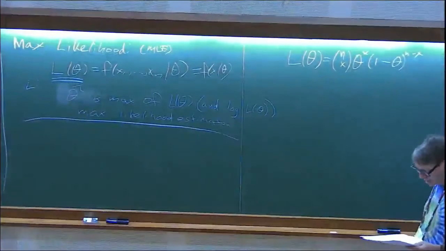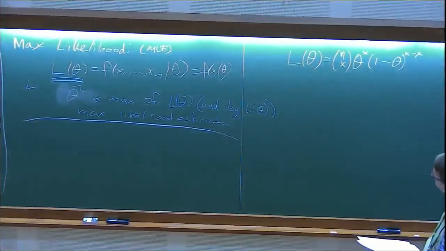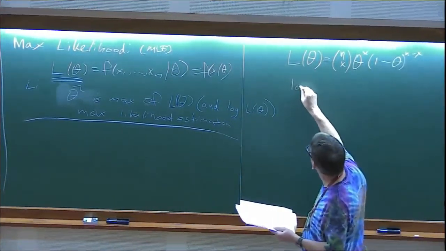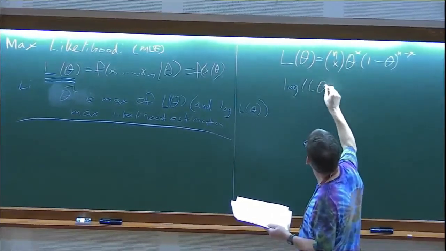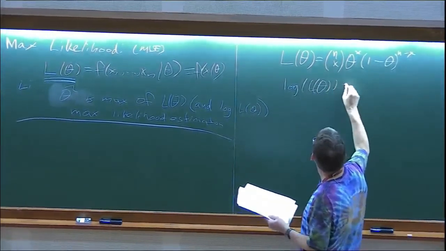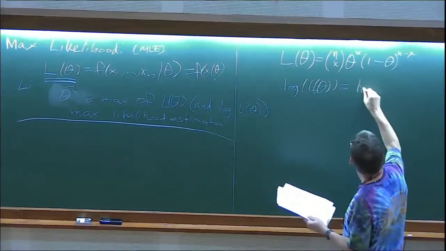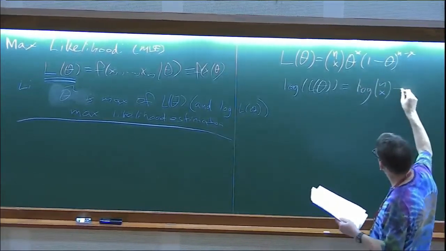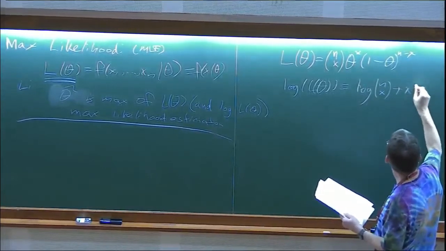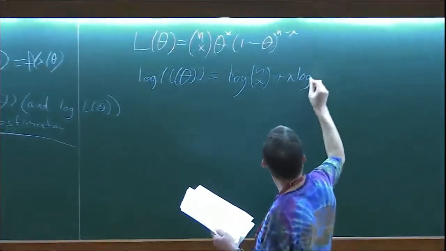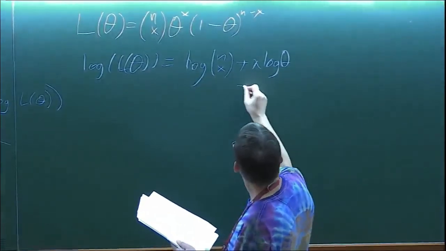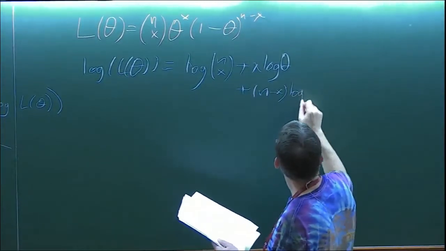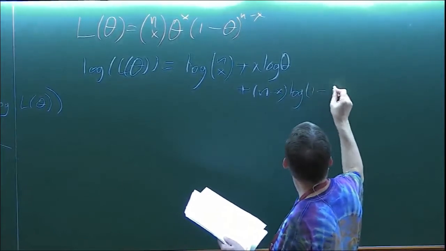Now this likelihood function, in this case, if we maximize the log, that's the same as maximizing log of n choose x plus x log theta plus n minus x log 1 minus theta.